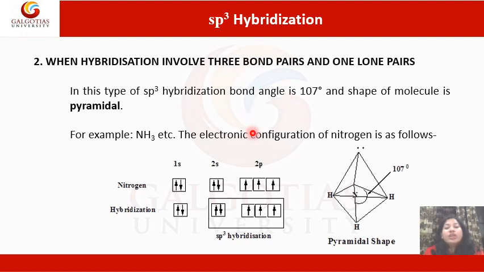The electronic configuration of nitrogen is 1s2, 2s2 and 2p3. This is the ground state of nitrogen. When we involve the 2s orbital and the 2p3 orbitals, the new orbitals are called sp3 hybridization, which is pyramidal in shape due to the lone pair of electrons in nitrogen.